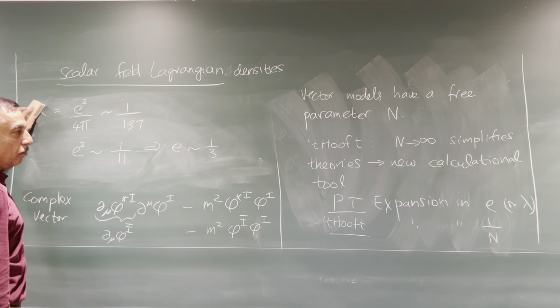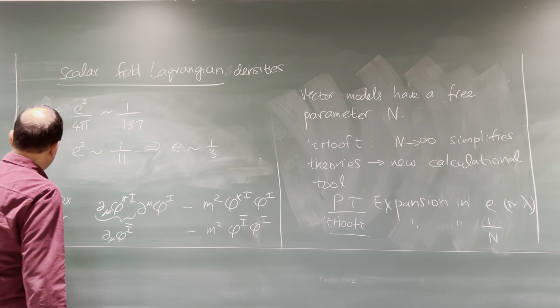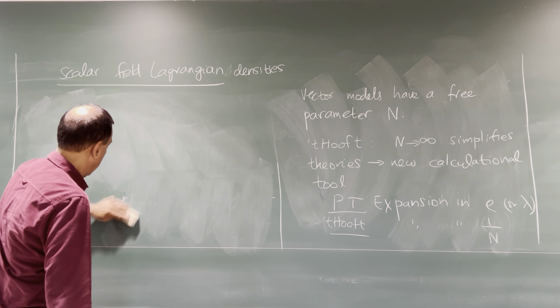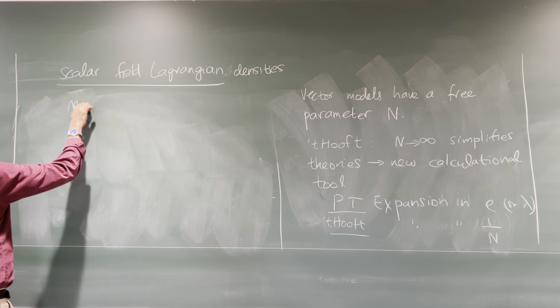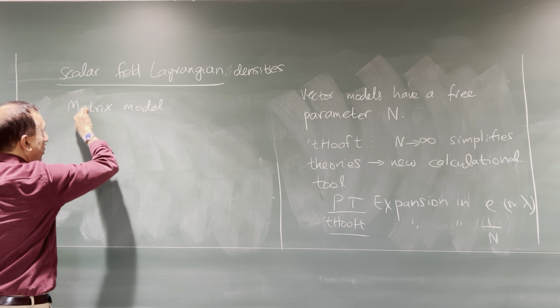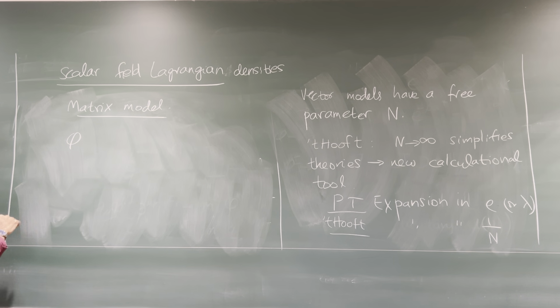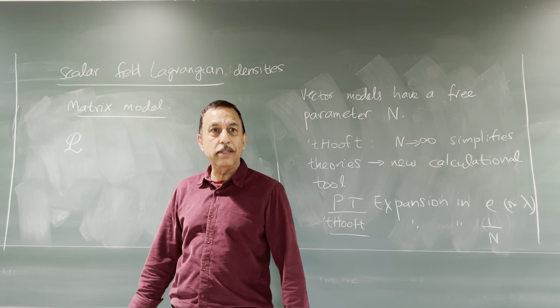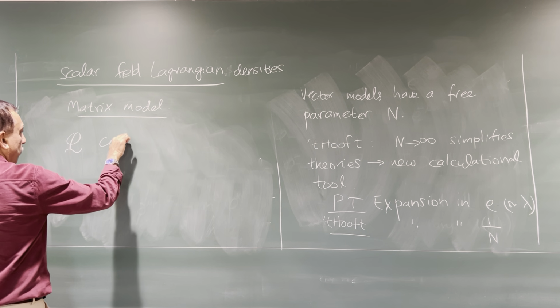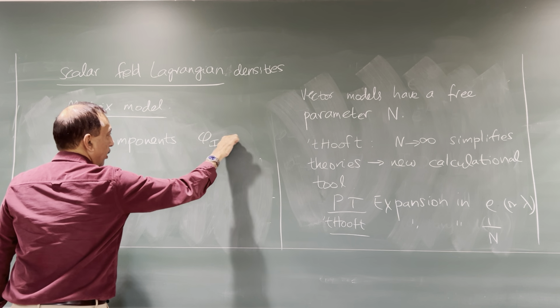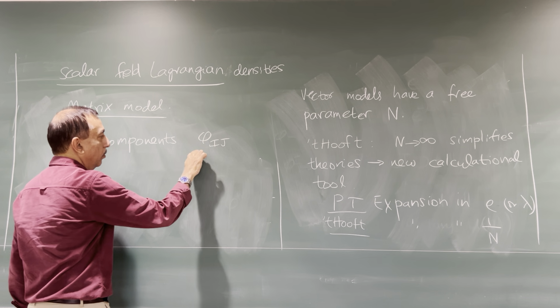Okay, good. Now the next class of models also have a parameter, and these are called matrix models. And again, they come in different varieties. So now we'll take this phi, the scalar field, and write it this way to represent that it's a matrix. In the notes it will be in boldface, and its components will be labeled phi ij, and it will be an n cross n matrix.